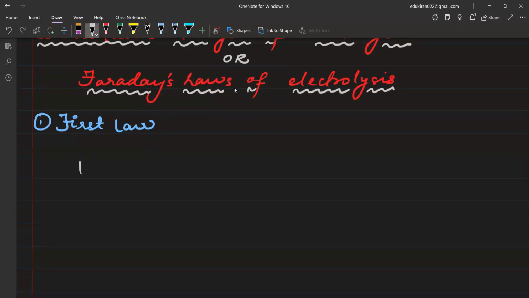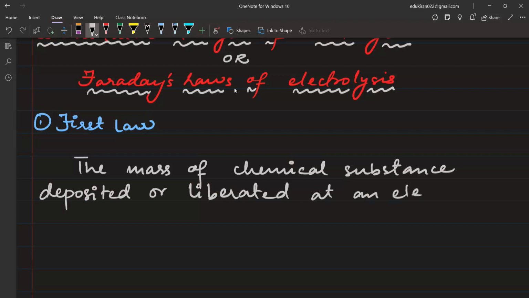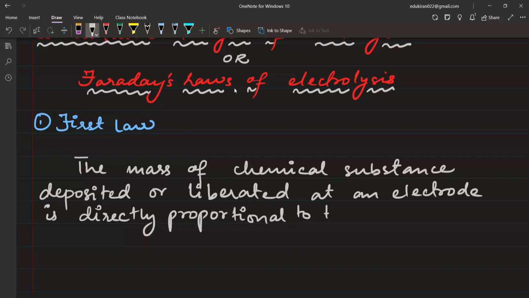The mass of the chemical substance deposited or liberated at an electrode is directly proportional to the current passed and time.